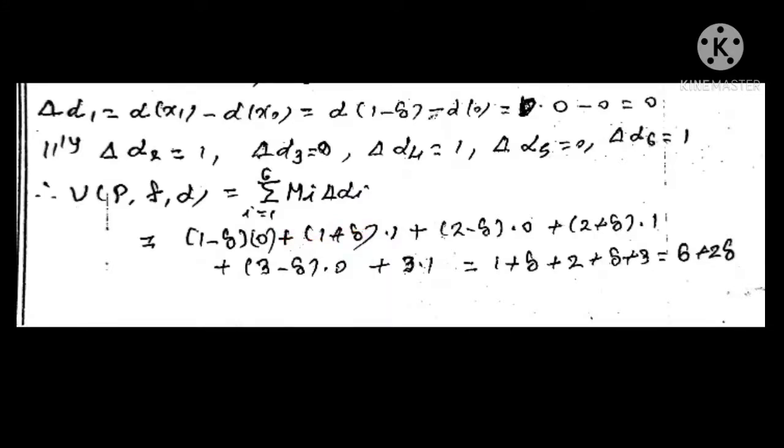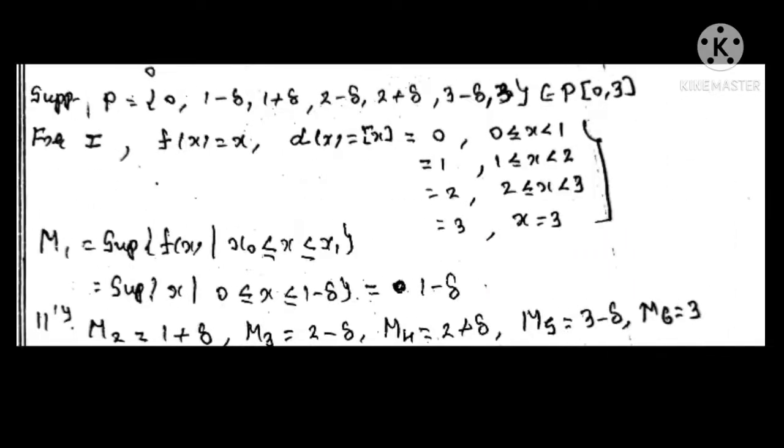m1 delta alpha 1. So m1 is equal to 1 minus delta and delta alpha 1 is equal to 0.